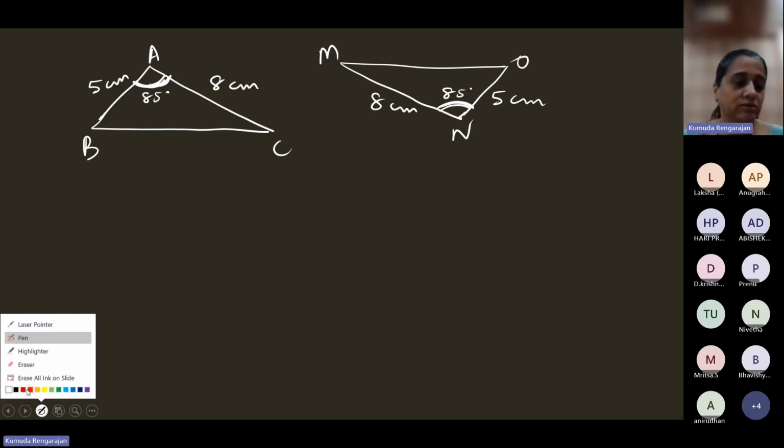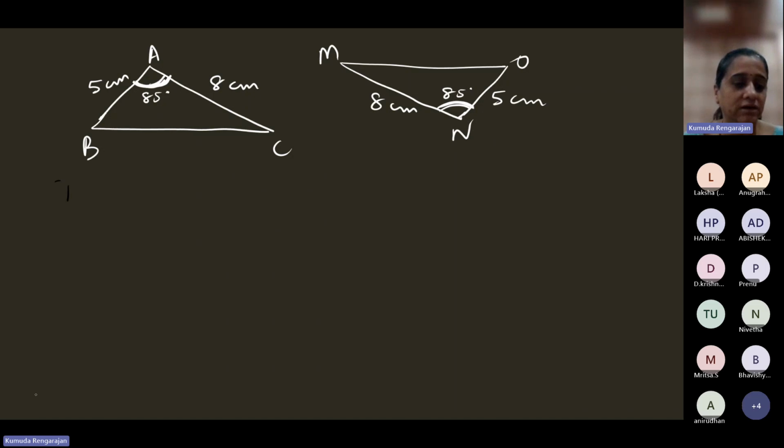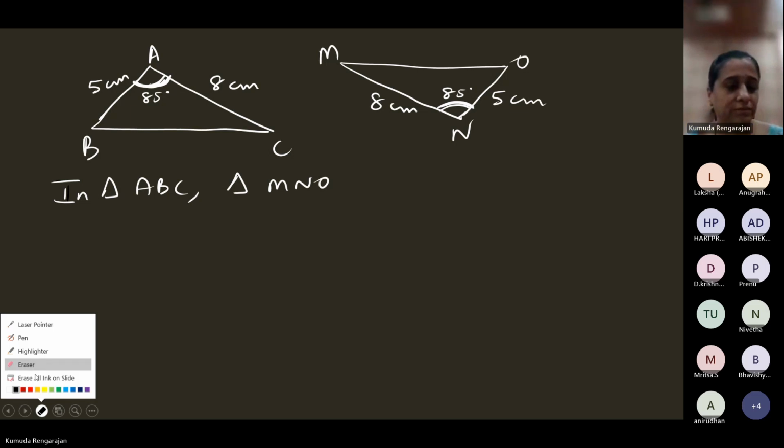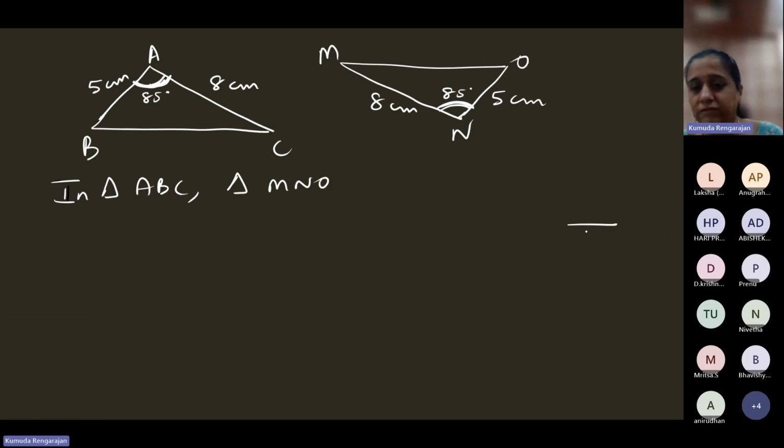So in triangle ABC and triangle MNO, here you can write any order. Here you're not writing congruency, you're just naming the two triangles, so you can name them in any order, ABC, ONM, whatever. When you use the symbol, then you should name it in the correct order.